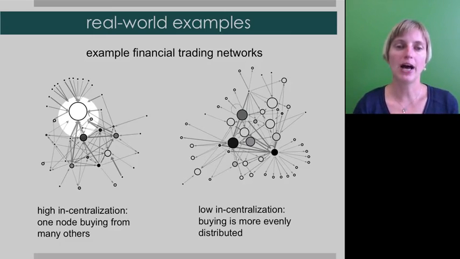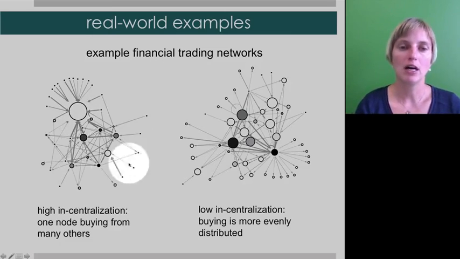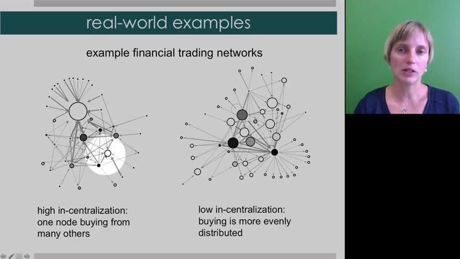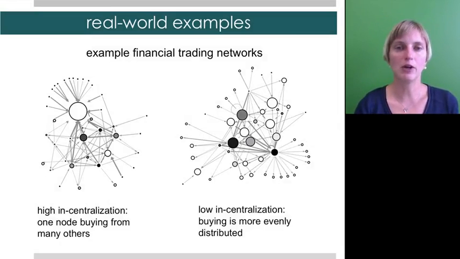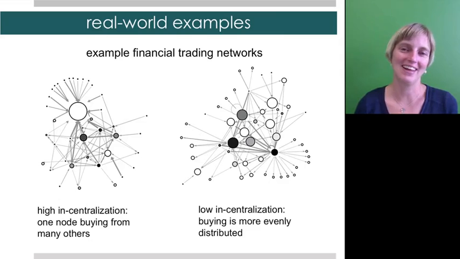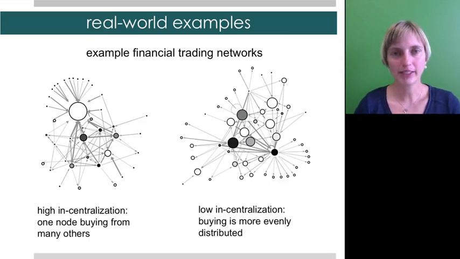It has a very high in degree, and most of the others have relatively even and lower in degree. And here on the right, you see that actually all the nodes have relatively even in degree, and no one is really hogging all the in links. So there's an example where we could actually use centralization of the whole network and correlate it with other variables, for example, the returns and volume and other kind of financial properties of the system at that time.